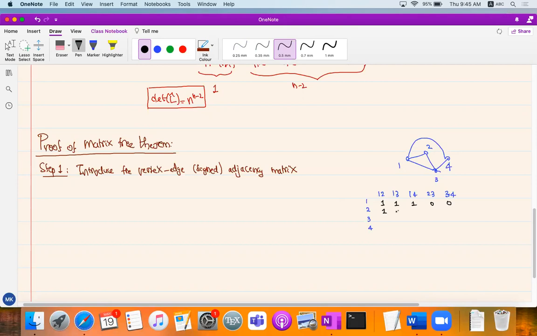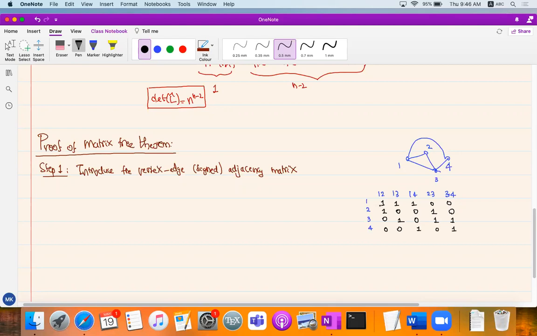Yes, this edge: 1, 0, 0, 1, 0. For 3, it is 0 here because 3 is not part of this edge, it is part of this edge, and part of these two edges. For 4, it is 0, 0, 1, 0, 1.